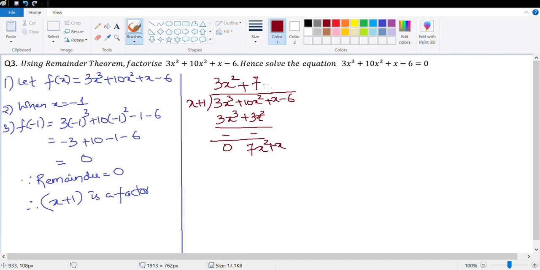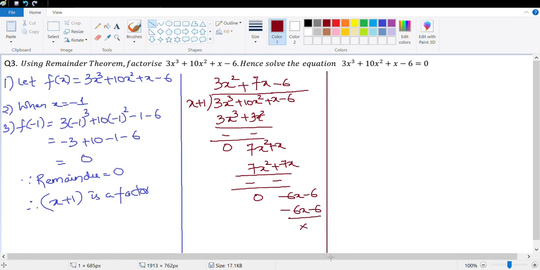Multiply x with 7x, that gives us 7x squared plus 7x. Sign changes, this is 0. x minus 7x, that's negative 6x minus 6, which means I multiply this with negative 6. This gives me negative 6x minus 6, which means we've been able to factorize the given expression.